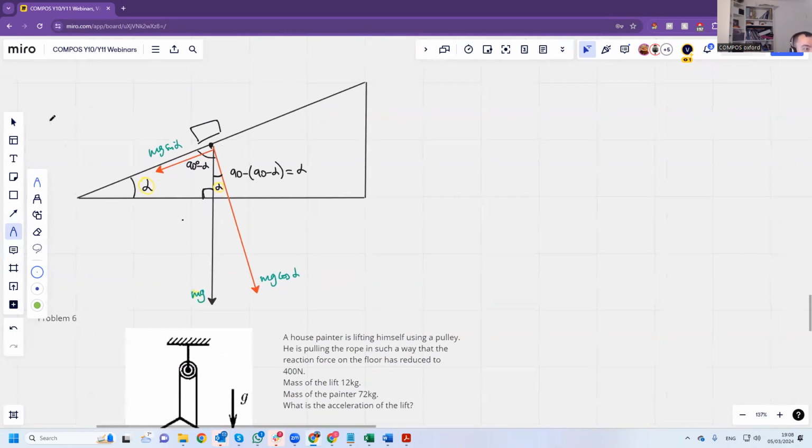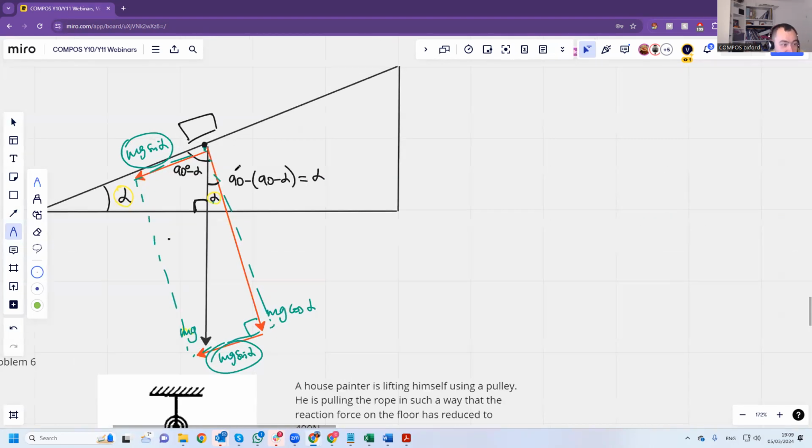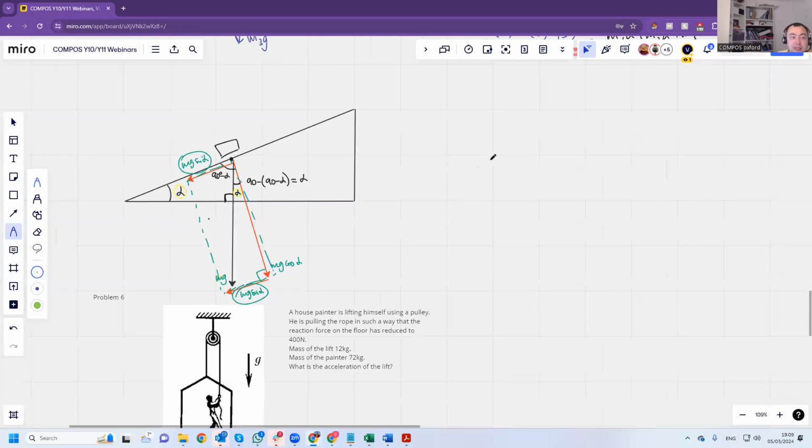Well, if we draw this vector here, this is going to be a rectangle. This side, this is 90 degrees, this side is opposite, so this is mg sine alpha, and this is mg sine alpha because they are the same thing. Does that answer your question, Parichita? So you just need to very carefully look at the triangles involved, and then you can prove it.